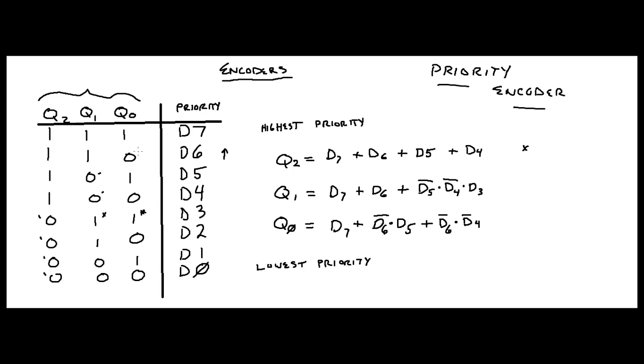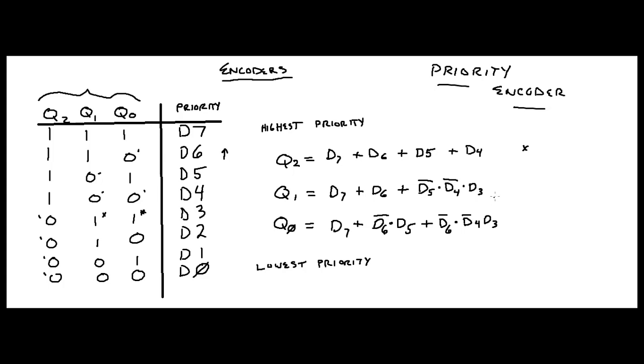Because D6 has to be low, D4 has to be low, and what else? D3 has to be high. Got it?